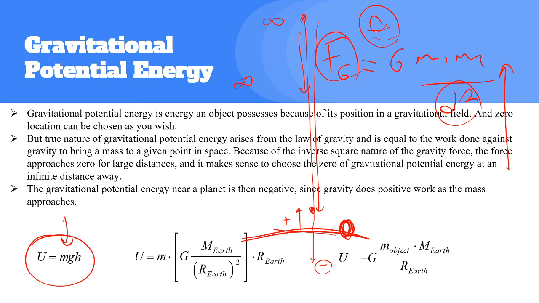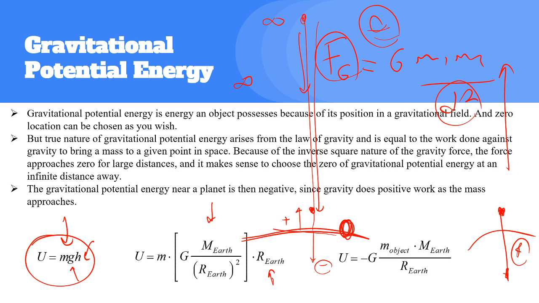Since we are talking about motions on the Earth's surface, the distance that we are talking about is almost equal to the radius of the Earth. So your height is basically the radius of the Earth. And g, which we were just using as 9.8, has a true nature of G times the mass of the Earth divided by the radius of the Earth squared.